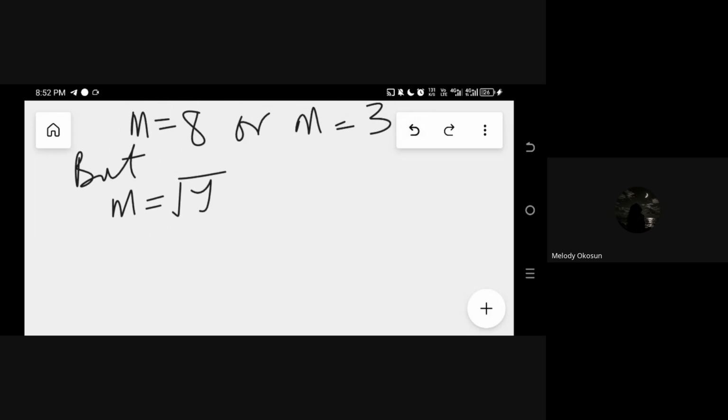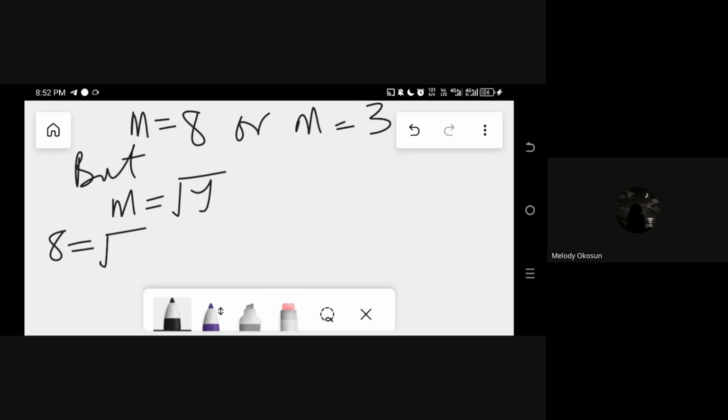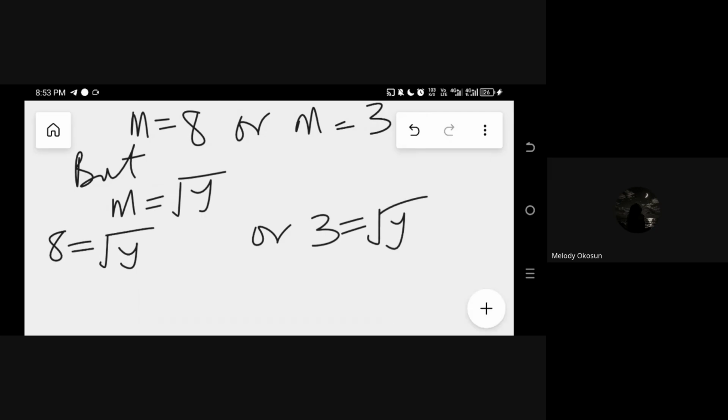It's quadratic, obviously you have two answers. So since m is equal to the square root of y, we can say 8, that's m, is equal to the square root of y, or when m is 3, 3 is equal to the square root of y.